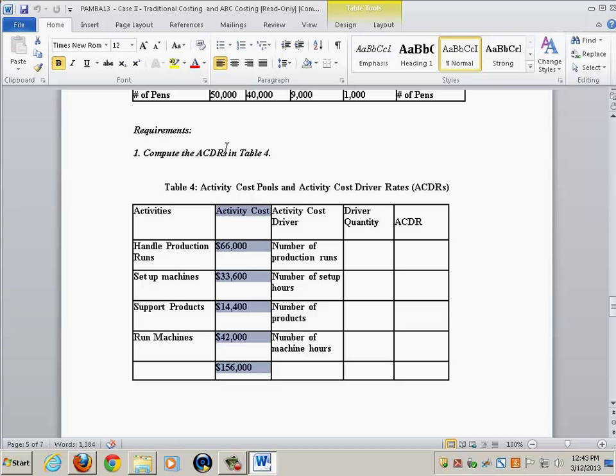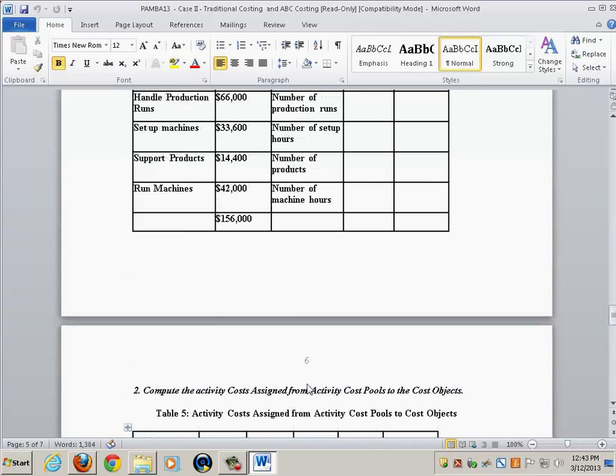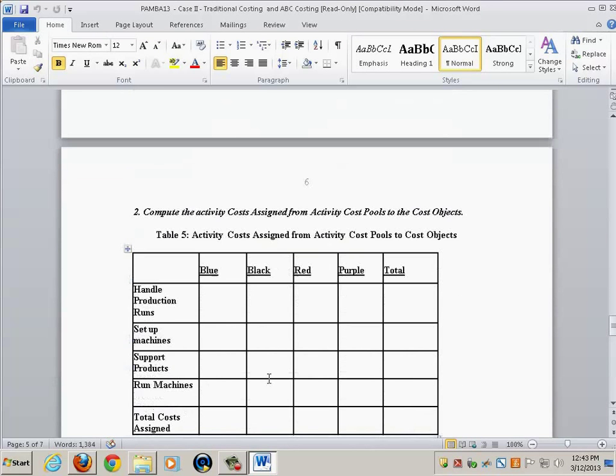What you're required to do in requirement 1 is to calculate the activity cost driver rates for each activity, because it's a very important part of activity-based costing. Now once you've done that, you're ready to do the main part of activity-based costing, and that's in requirement number 2, which pertains to table 5.